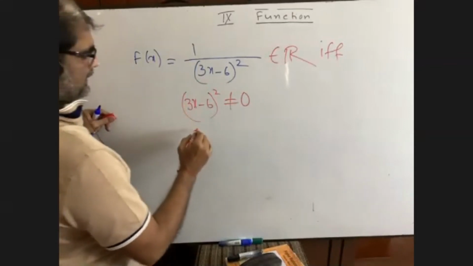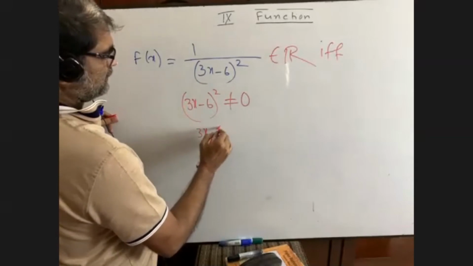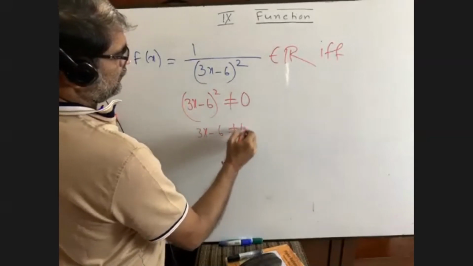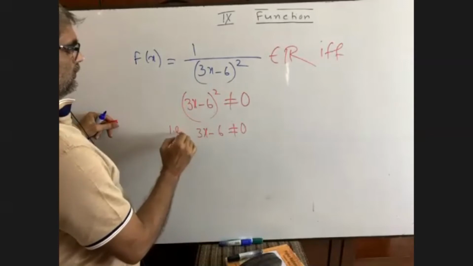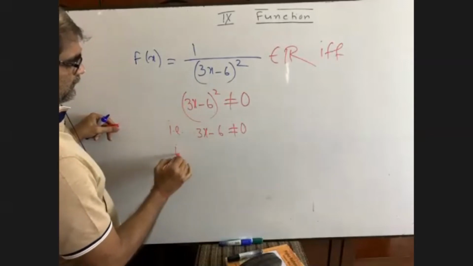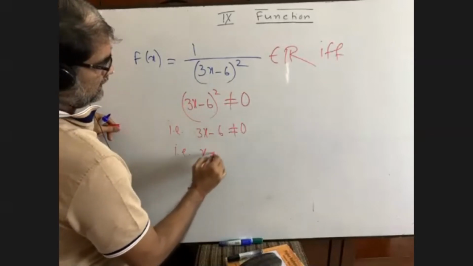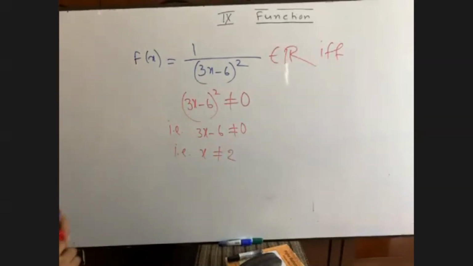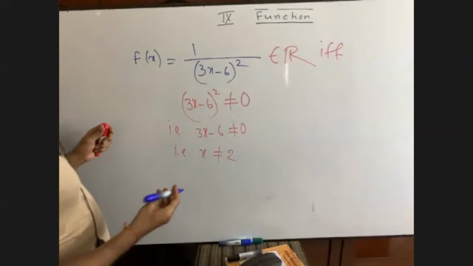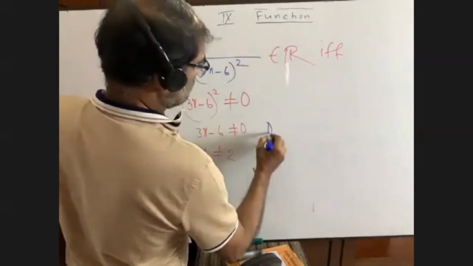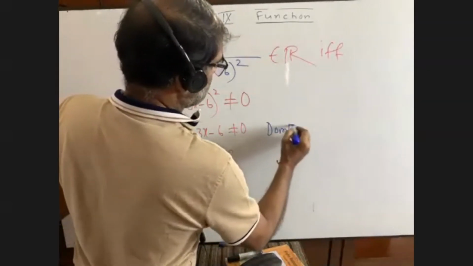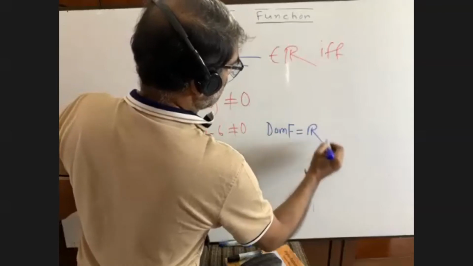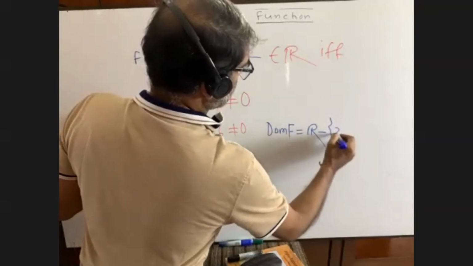So we can write here 3x minus 6 not equal to 0. That is, we can write here x is not equal to 2. Right? So what is the domain here? Domain of f is equal to all real numbers except 2.